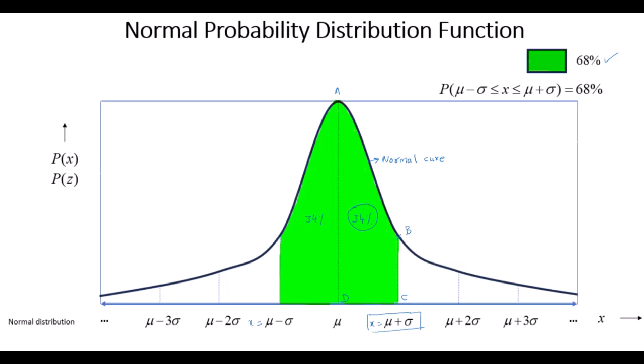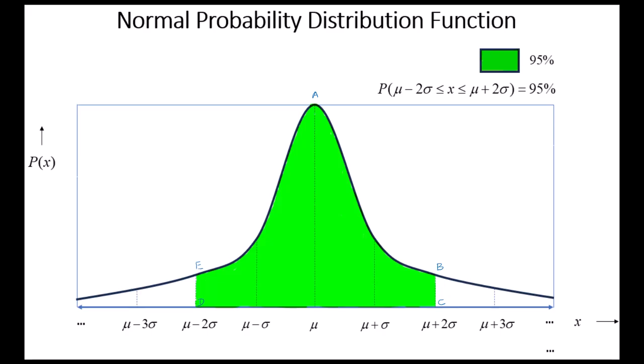In terms of the probability of occurrence, the x values such that x is less than or equal to mu plus sigma and greater than or equal to mu minus sigma will have a probability of 68%. Now this picture shows that the area shown in green is 95%.